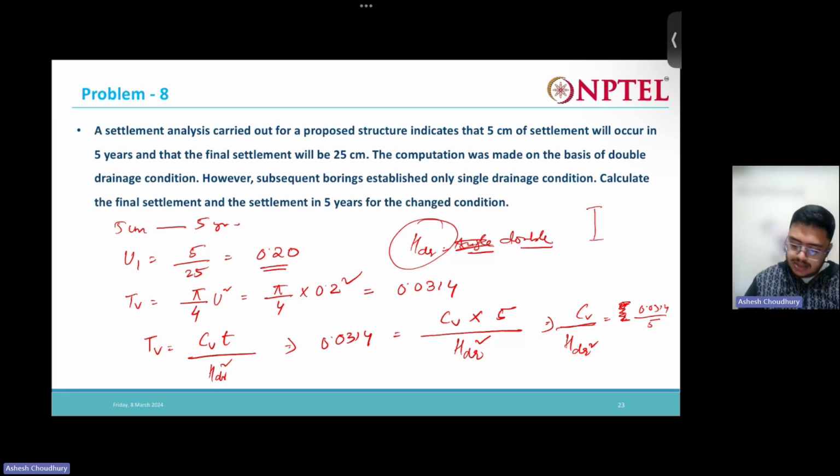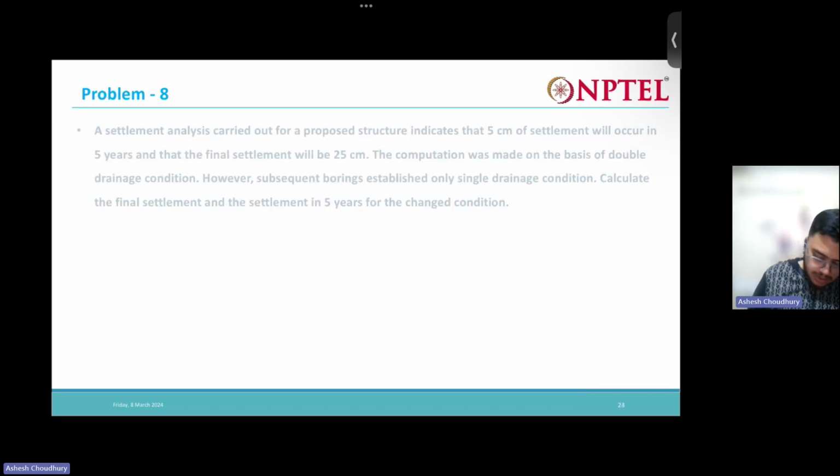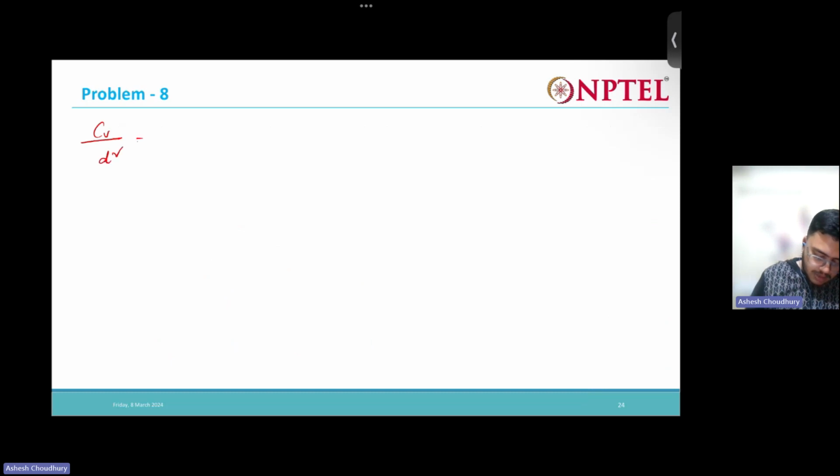Okay. So say you have thickness d. So the layer thickness is d. So HDR in this case will be d by 2. So d by 2 square, and this is HDR. So first is the double drainage case. So from here Cv by d square is coming out as, okay, d is the complete thickness, and for double drainage HDR is known as the drainage path.